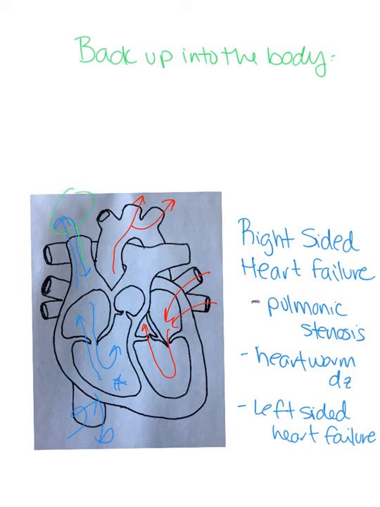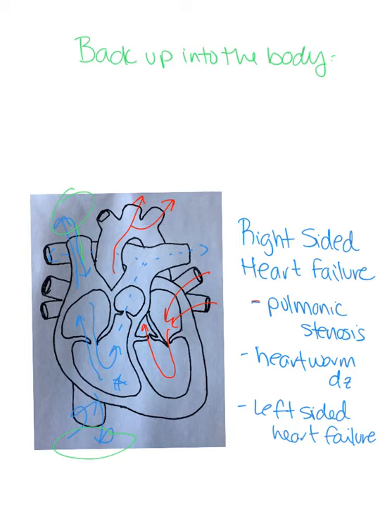So we're going to see issues relating to backups in the body of this blood. We can also start to have decreased blood flow going to the lungs. So overall, you can end up with issues relating to that.